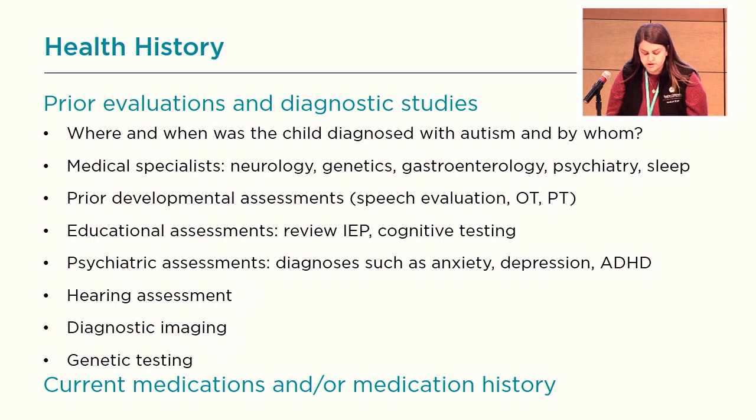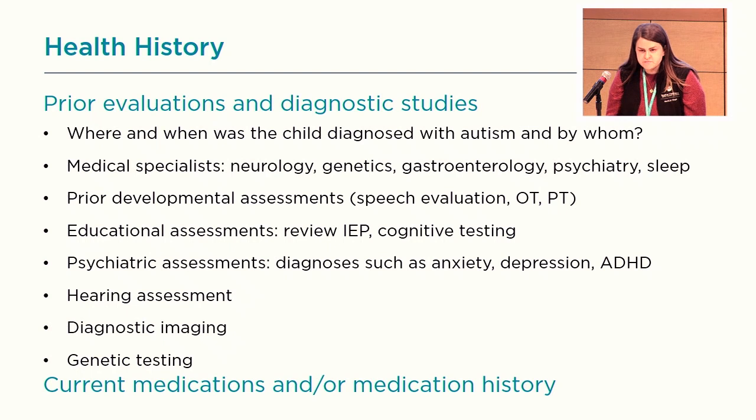Then we would want to know any prior developmental assessments, including speech evaluations, occupational therapy, physical therapy, any educational assessments. This allows us to review the IEP, or the individualized educational plan, and any cognitive testing that may have been done. Any psychiatric assessments, to be aware of any diagnosis of anxiety, depression, ADHD.